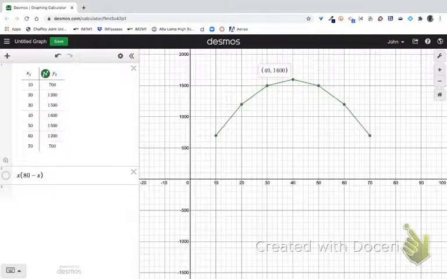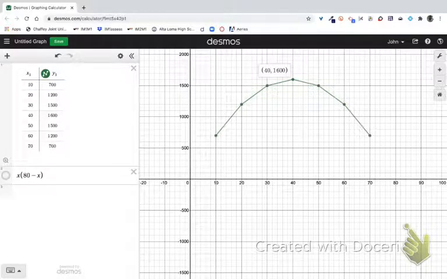When you do this, you'll end up getting a graph that looks something like this. Now, this is just connecting the points, but what you can see is that we have an area of fencing that's growing, reaching its peak. Look at that, at 40, 1600. If you look back in the table, you should see what is happening there and why is it happening?